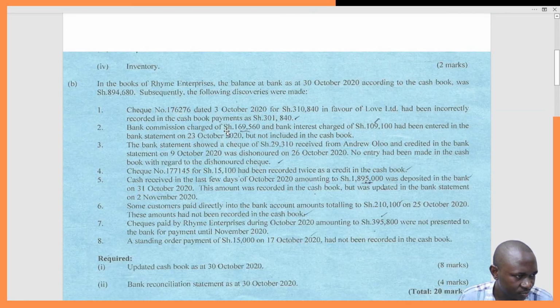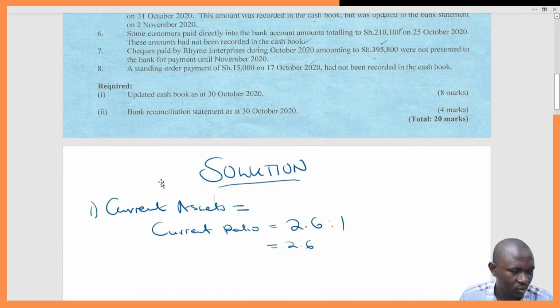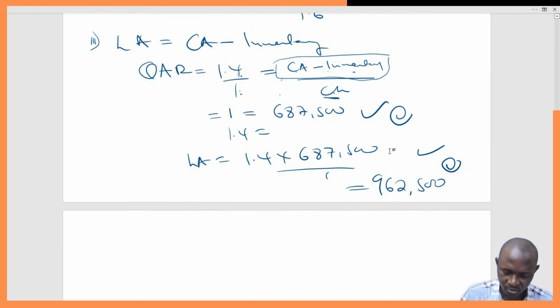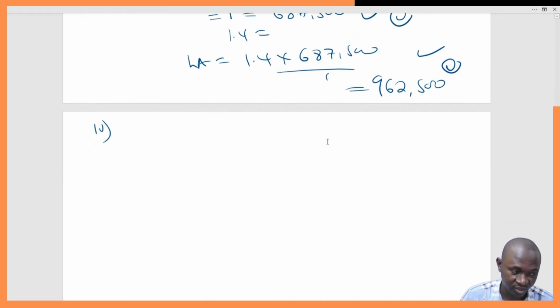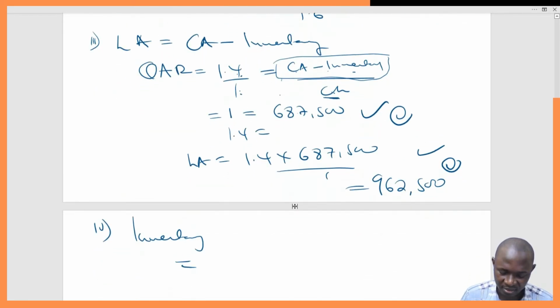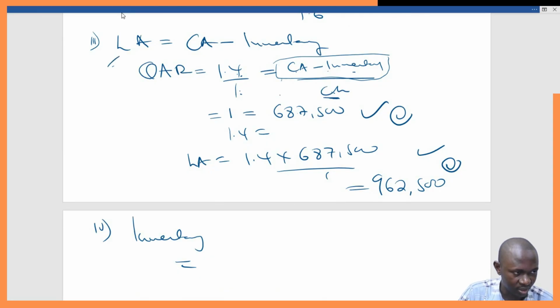So to the last part, which is inventory. Now this one should be very easy. Inventory, number 4. How do we get inventory? Now that we know our current assets and liquid assets, we'll pick it up from number 3 here. Liquid assets is 962,500.